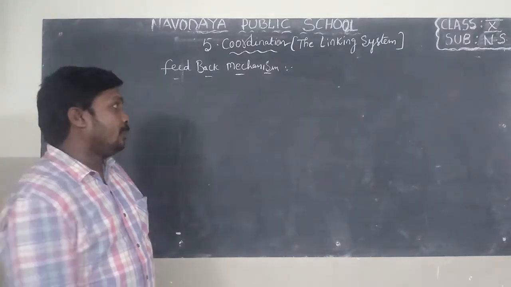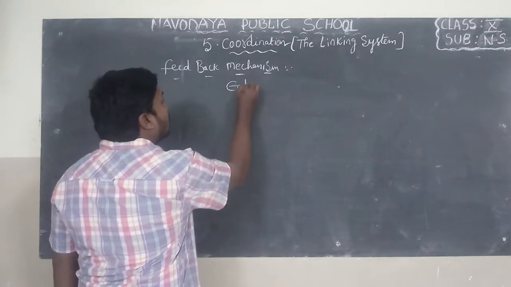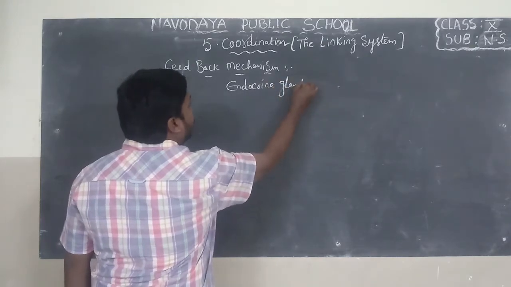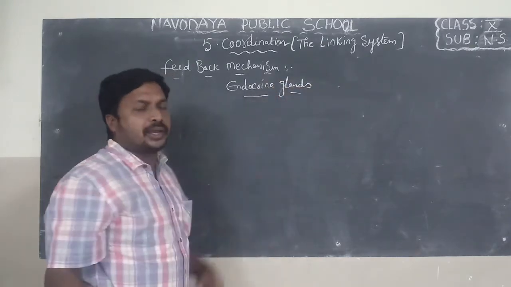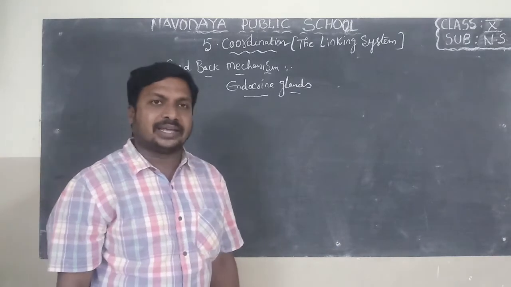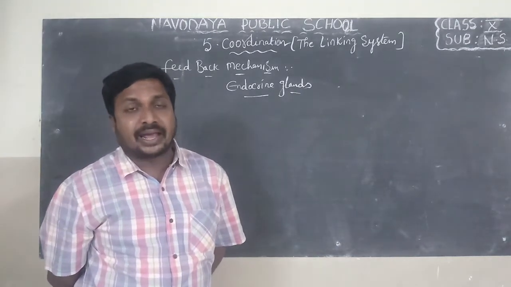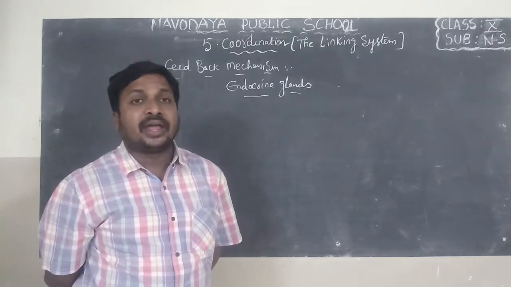Now I will explain about some more endocrine glands in the human body. Already in the previous class I explained two glands: the islets of Langerhans, the cells of the pancreas, and the adrenal gland.